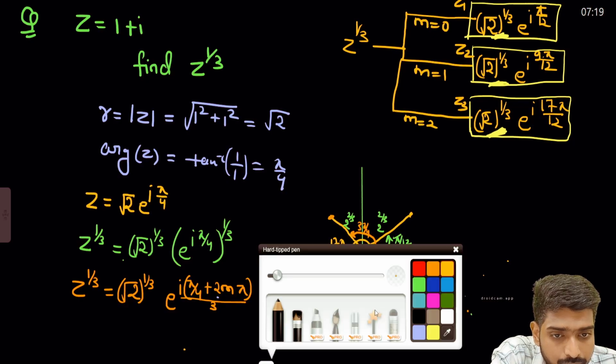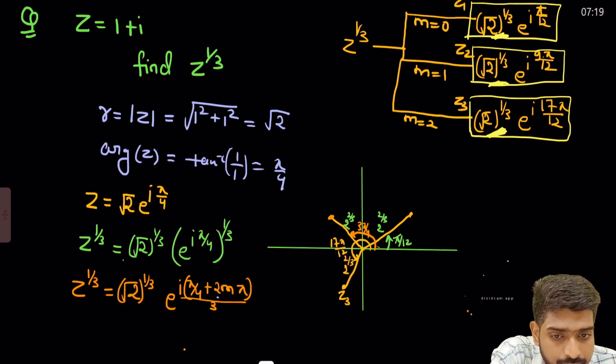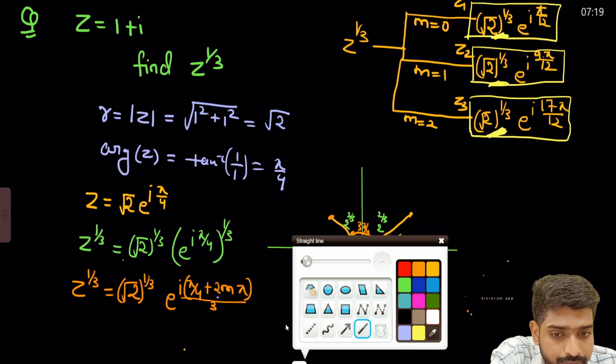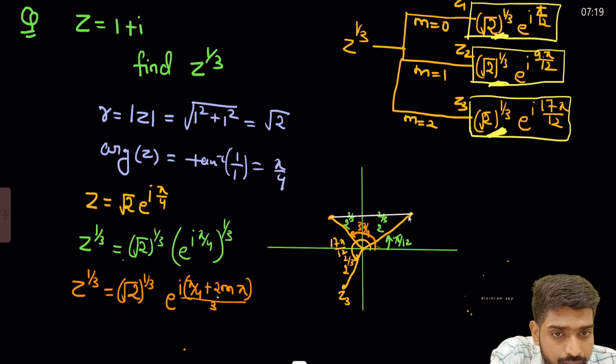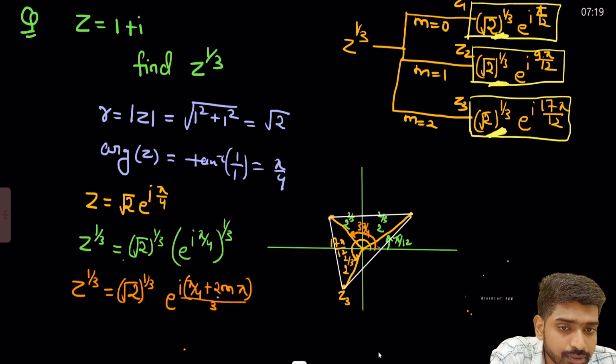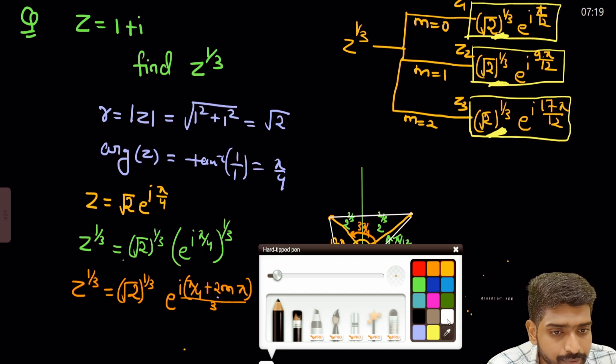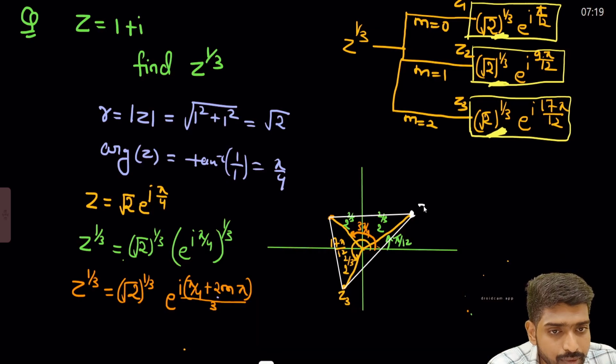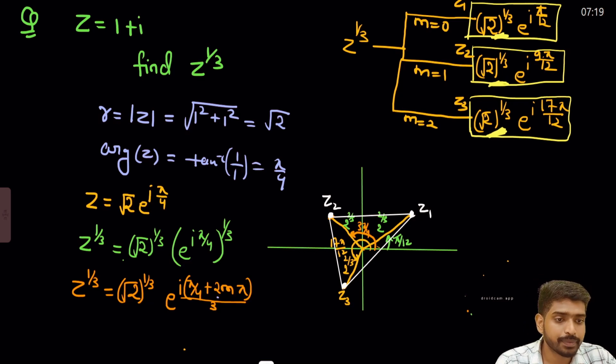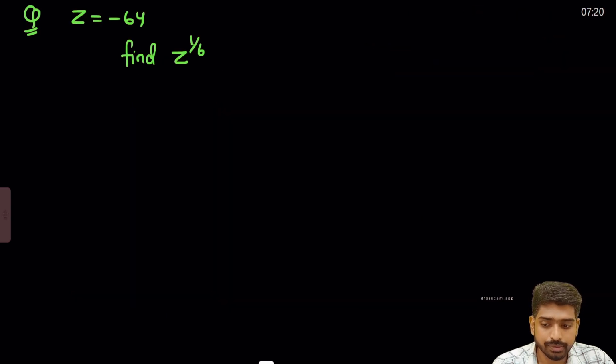Got it? So if you join these 3 points, you will get an equilateral triangle. This one is Z1, this one is Z2, and this one is Z3. Done.